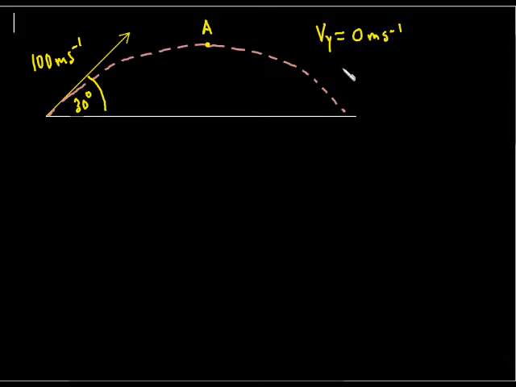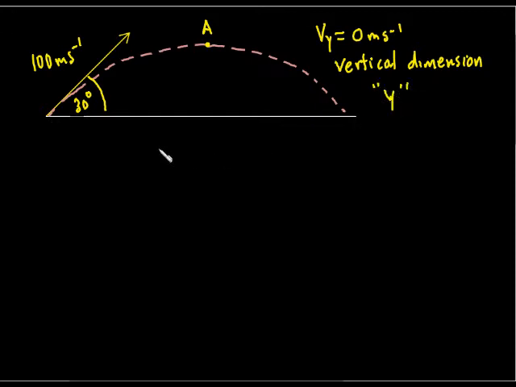Also, when we talk about the maximum height, we are talking about the vertical dimension. So we are going to be working in the vertical dimension, so our subscripts are going to have the subscript y attached.